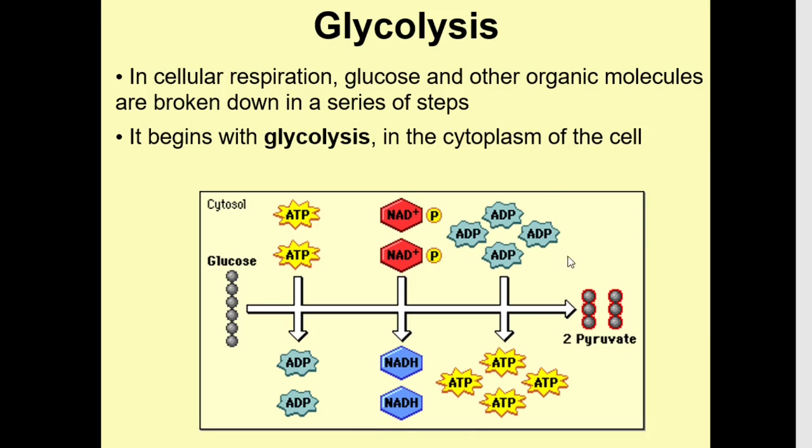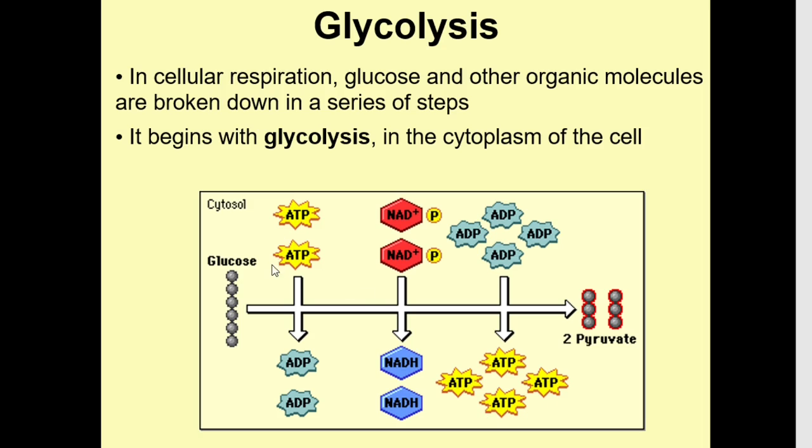We also then get some ADPs and some phosphates. The 4 phosphates aren't shown here, but we would use those as well. And we would actually generate 4 ATP molecules. Now, this is done through a process called substrate level phosphorylation, but we don't need to worry too much about that for now. So we actually produce 4 ATPs during glycolysis.